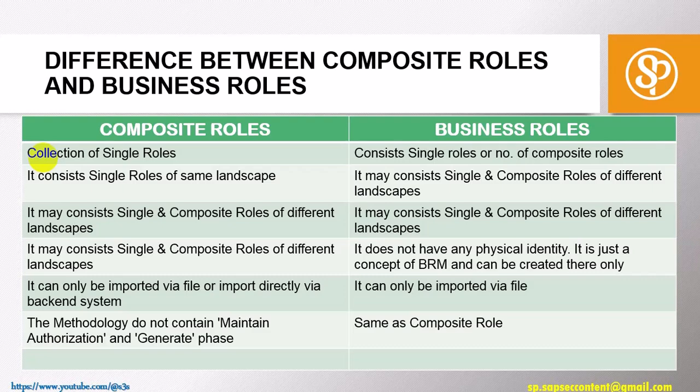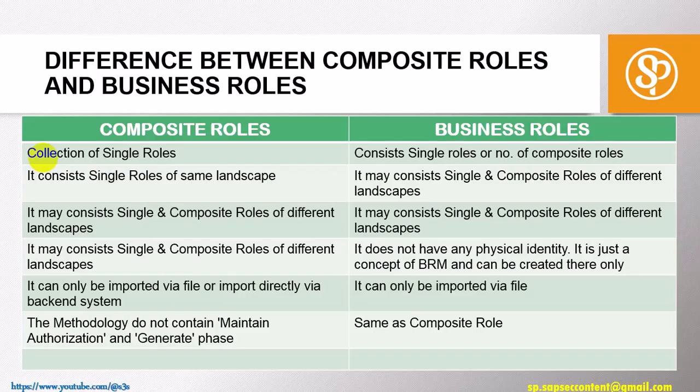A composite role is at the same system landscape level, whereas a business role can be system-specific, for a single system or a combination, and also across different landscapes.